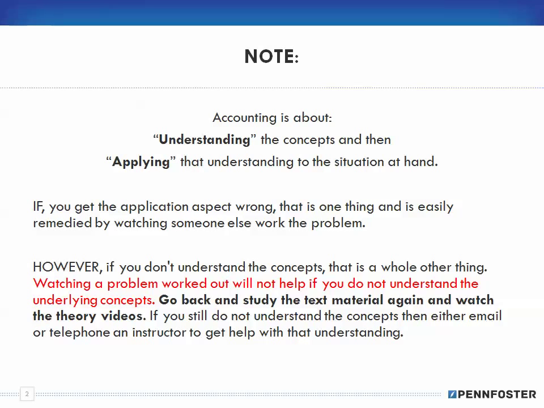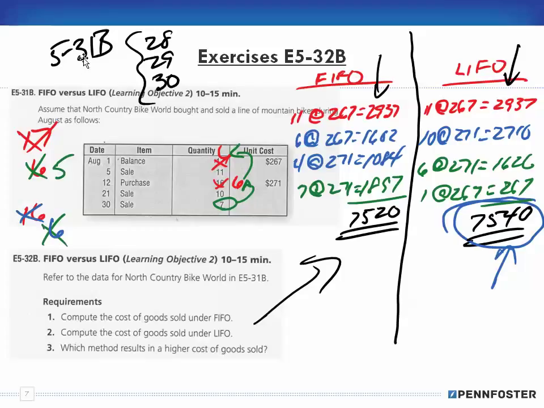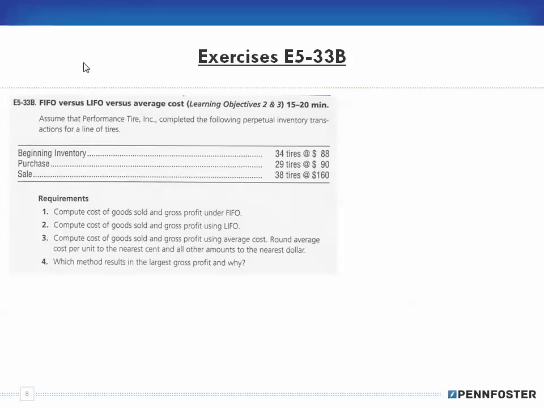Okay, so we are working on problem 5-33B. It says here, assume that Performance Tire completed the following perpetual inventory transactions for the year. So they had a beginning inventory, they had purchases, and then they had a sale.